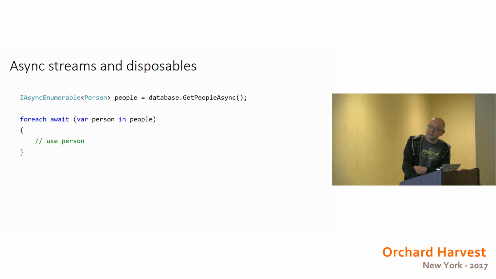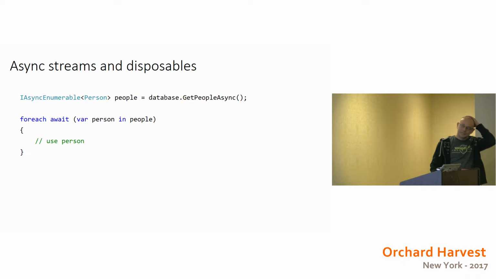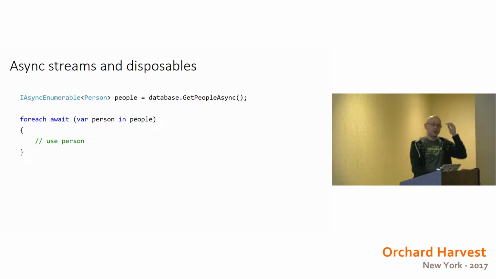Okay, I'm almost out of time, so I'll be fast. This is also something that the team has wanted for a while. It's an extension of the idea of async await. There are lots of cases where you want to await on something that is enumerable, and the pattern is not obvious to get perfectly right.